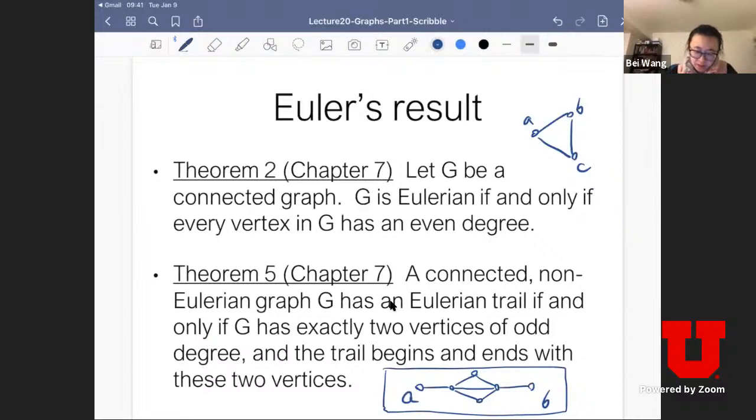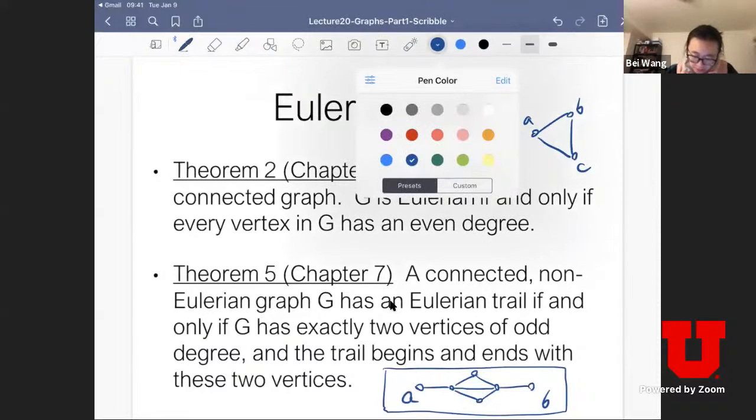Please think about it, and we'll look at similar examples in part 2 of the lecture. So think about this as a take home.